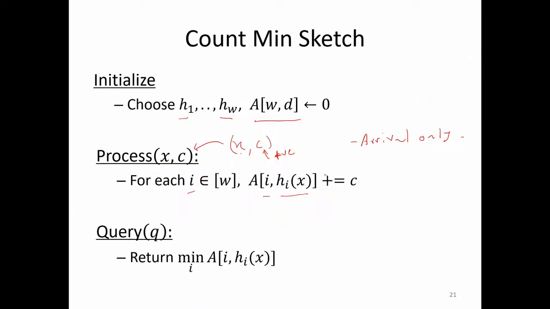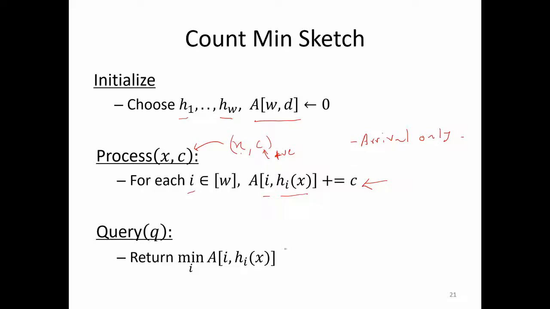You don't do anything else. You just increment the count of this cell by C.